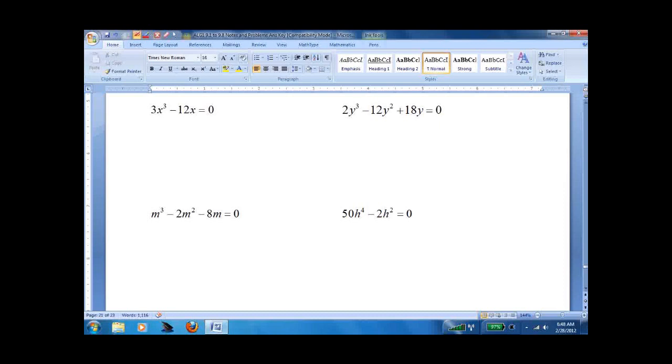And now I'll solve them. Might think I'm done, I'm not, because I recognize a 4, so it tells me it's going to be an x plus 2, x minus 2. Now I get x equals 0, x equals negative 2, x equals 2.